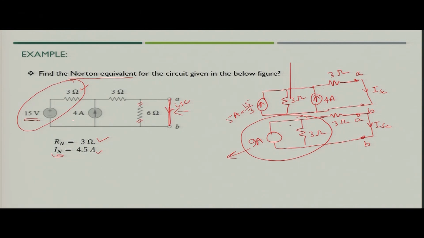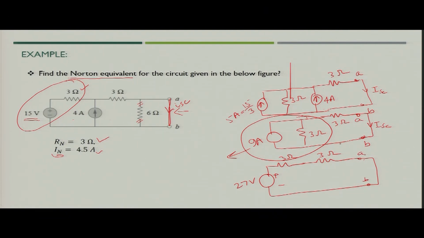So, if you transform again into a voltage source, this will become 9 into 3, that is 27 volt, in series with 3 ohm resistance, again in series with the 3 ohm resistance which is given in the figure, and then you are short circuiting the terminal A B.